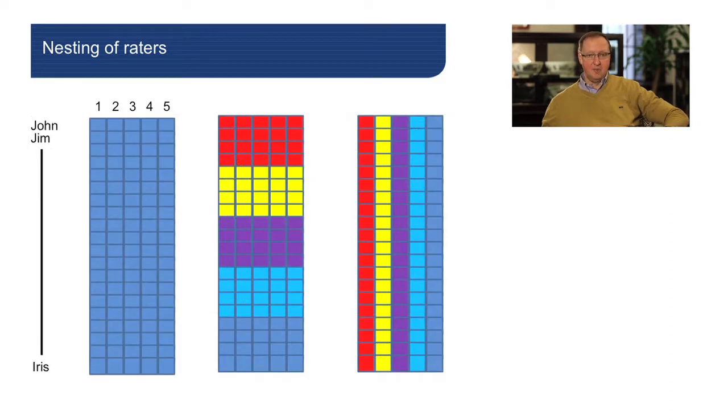Here's another example. Suppose you have 5 examiners and 5 essays, then sometimes people divide up the load by assigning a group of students to one examiner, another group of students to a second examiner, and so on and so forth.